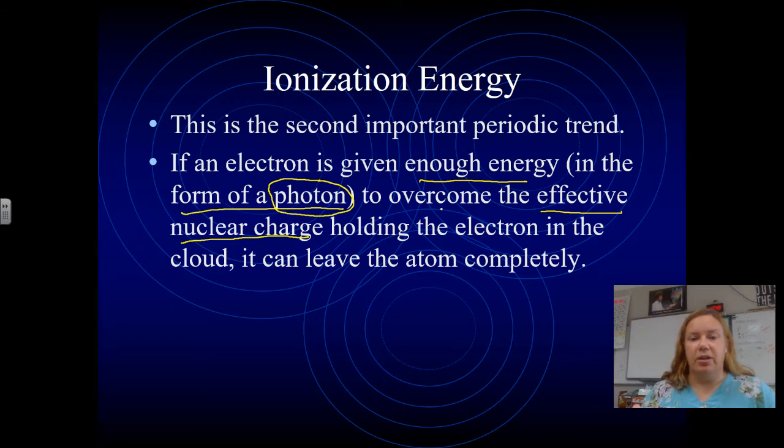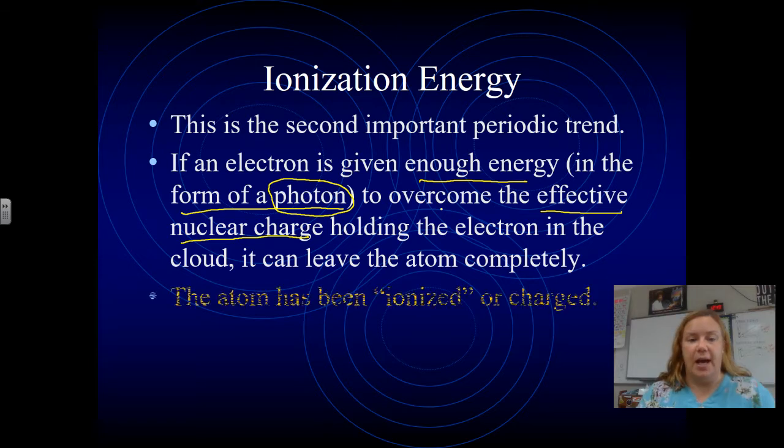Sometimes there can be enough energy to take away one of those electrons. When that happens, the electron can leave the atom completely, going to a different atom. That means it has gone through enough ionization energy, and the atom has been ionized, or charged.